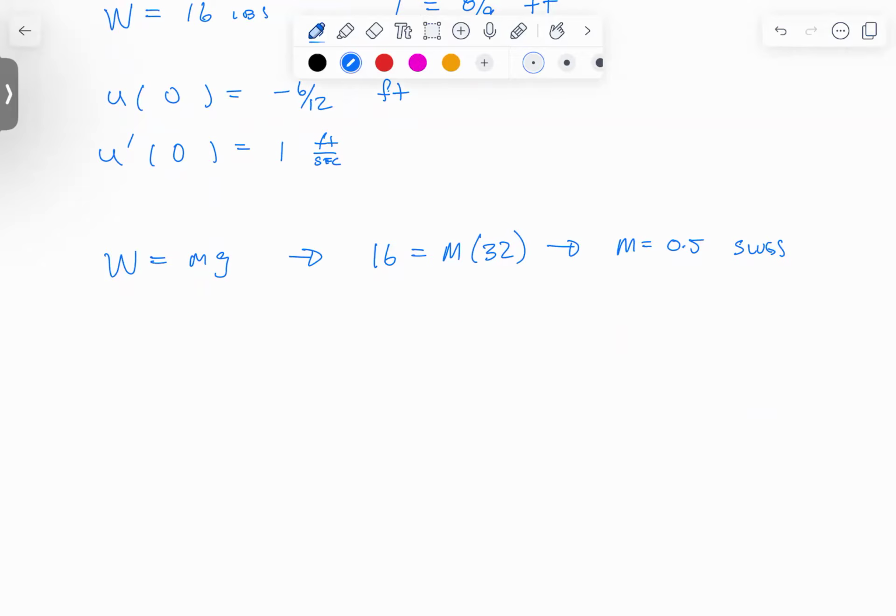Then the other thing is always to find k. We're always going to use our mg equals kL equation. So I need these pieces. I could also use W here, but this is always basically the first step because this is always going to be part of our equation. This all starts with a spring, all of this is based on the spring, so I need to identify my k.